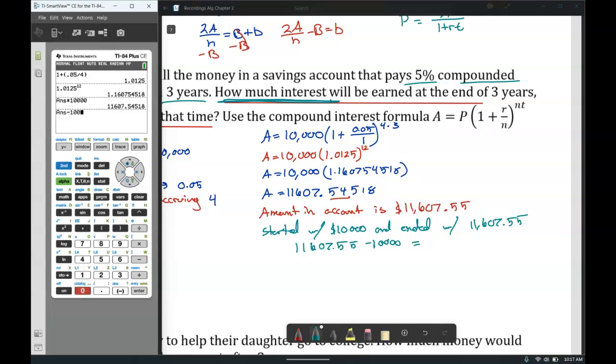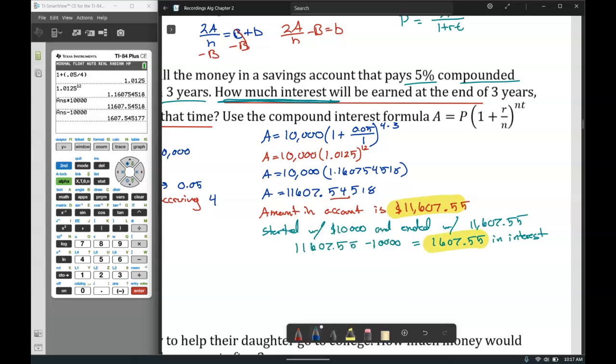So we go ahead and subtract the $10,000 principal, and we earned $1,607.55 in interest. So that's our total and the interest earned.